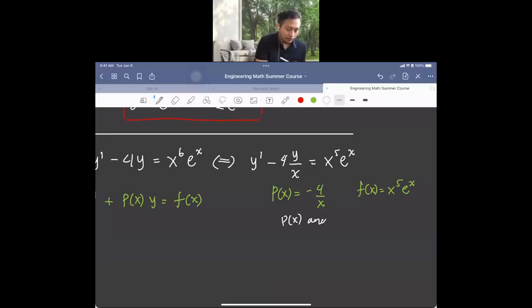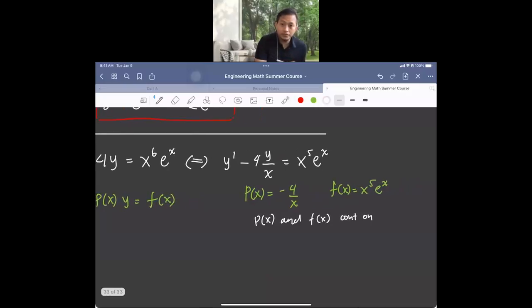Don't forget that we need to define the interval also, okay? Because we have this over x, we cannot have x as 0, right? So we may have continuity from 0 to infinity, let's say, to make it more general. So p and f are continuous.